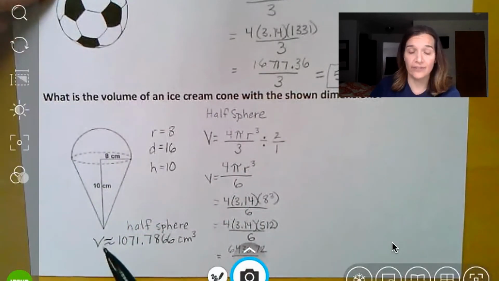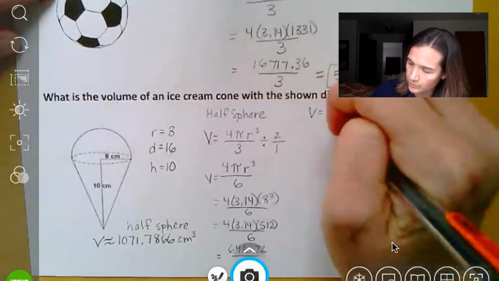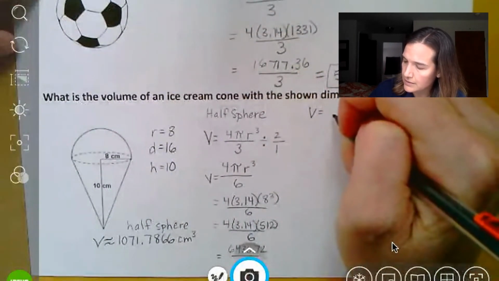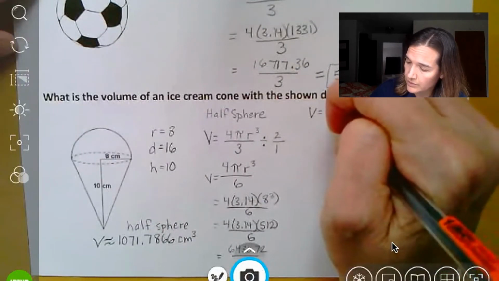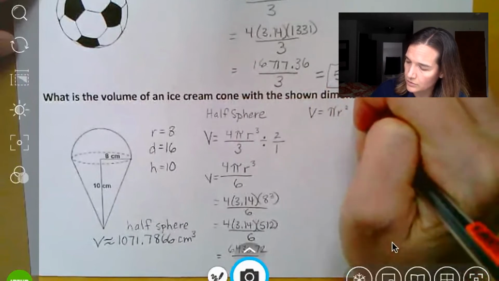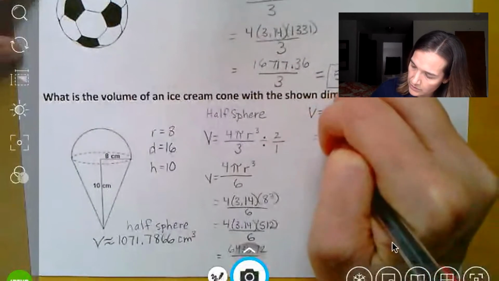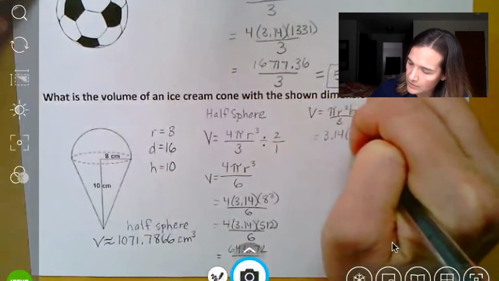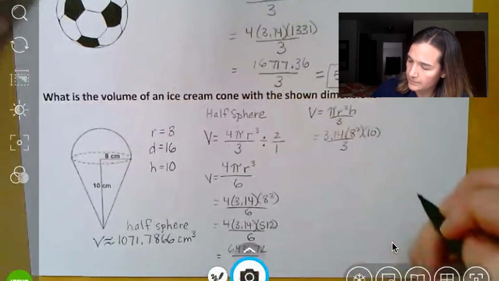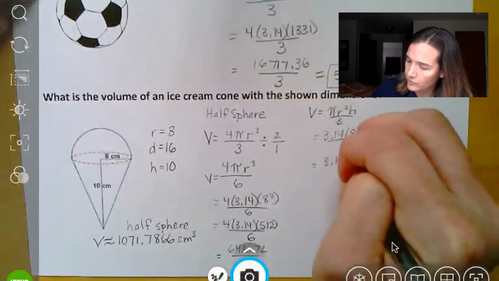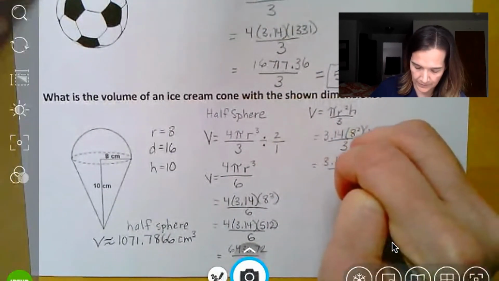Then we also have to go back and find the volume of the cone. So this one, volume of a cone, would be area of the base times height divided by 3. Area of a base, well, this is a circle, so it's pi times radius squared times the height divided by 3. That's going to give us 3.14 times 8 squared times 10, which is our height, divided by 3, or 3.14 times 64 times 10 divided by 3.